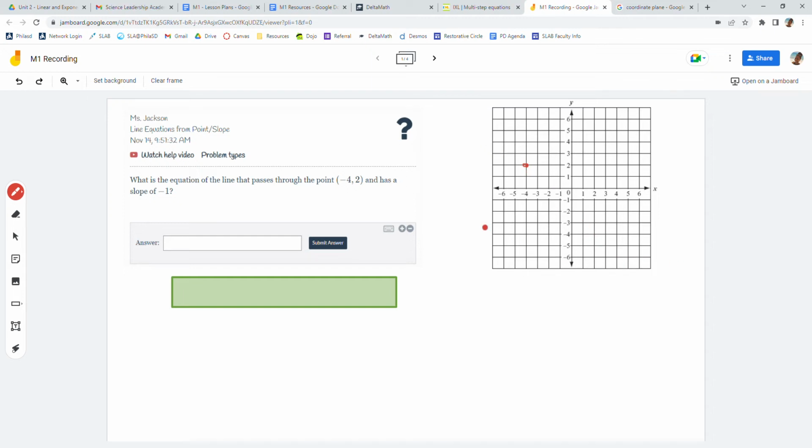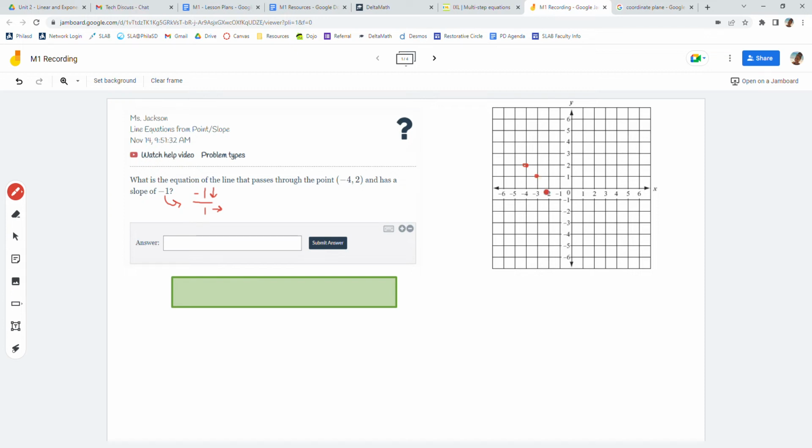So we know that we can write -1 as -1 over 1. So that means that our rise would be -1, so we'd be going down 1, and our run is +1, so +1 means we're going to the right. So from this point, we can find other points by just going down 1, right 1, and that's another point.